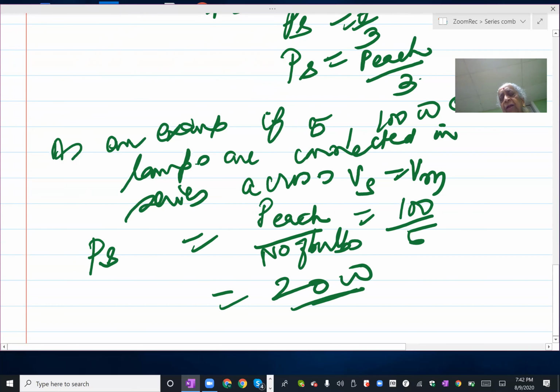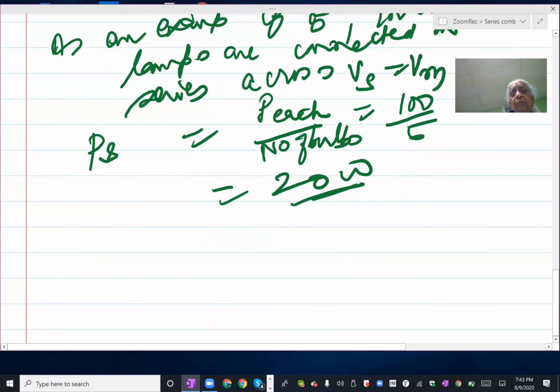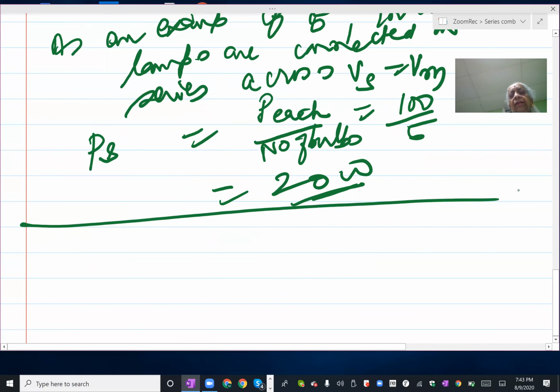So all the 5 bulbs will glow dim. That's important, because they are capable of delivering 100 watts. When it is only 1/5, their intensity will be only 1/5 of whatever you have as the marked power for the marked voltage. This is how you have to make use of these things.